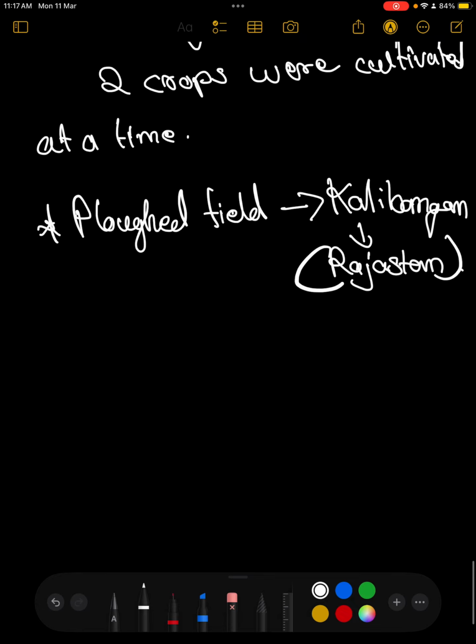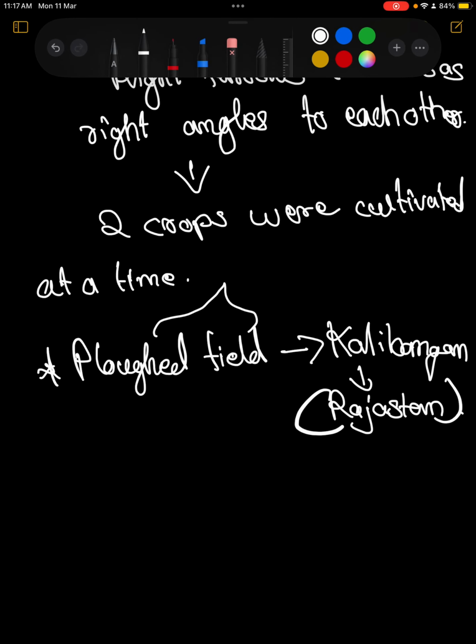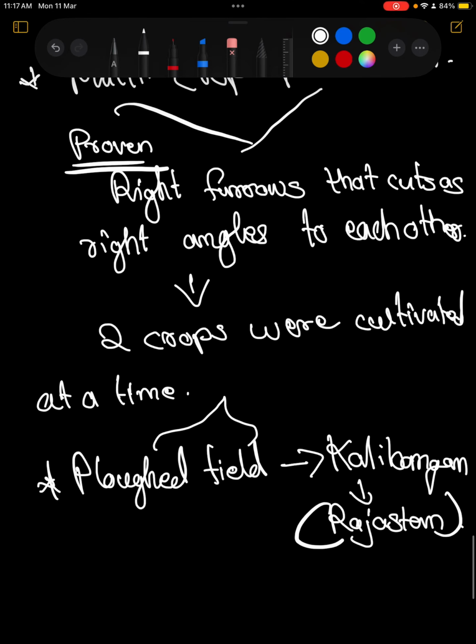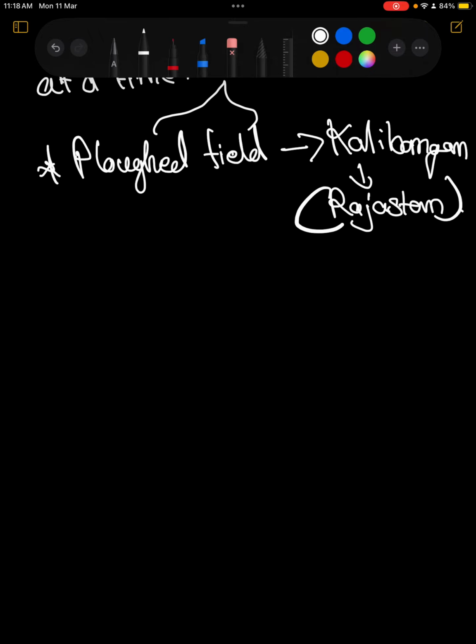And this ploughed field clearly showed what? Multi-crop production. The ploughed field at Kalibangan clearly indicated multi-crop production, because the food crops were cultivated in furrows at right angles that cut each other, which clearly indicated that two crops were cultivated at the same time.